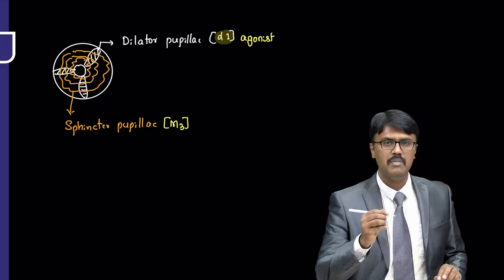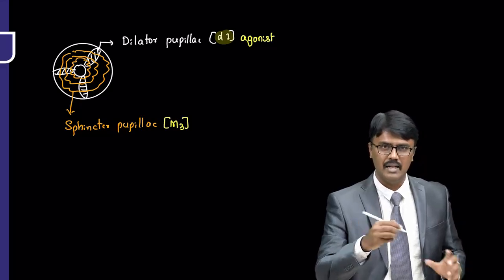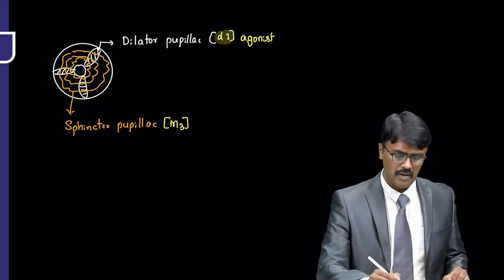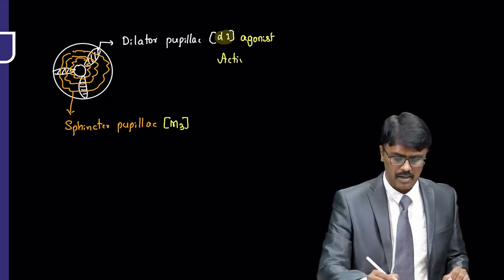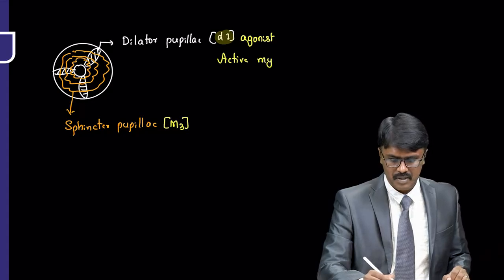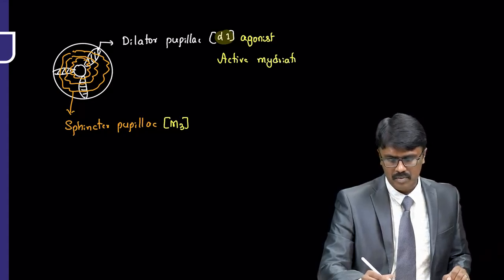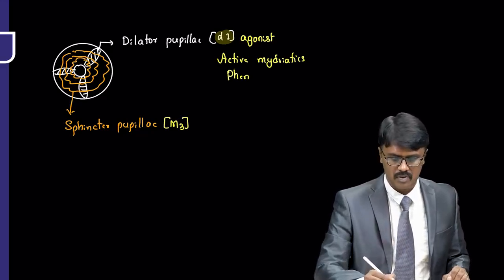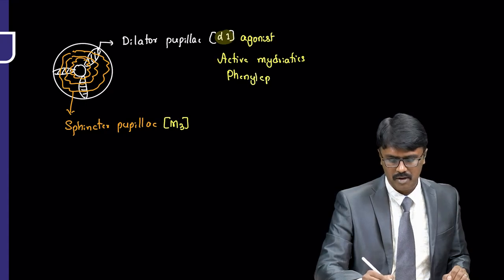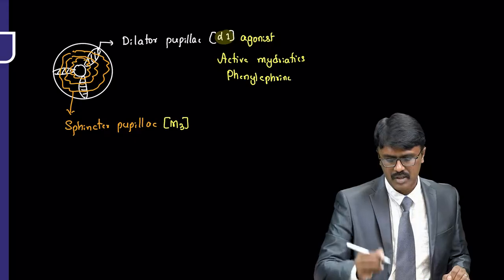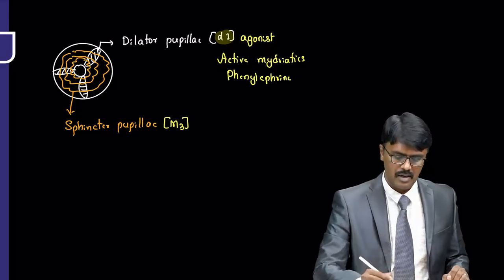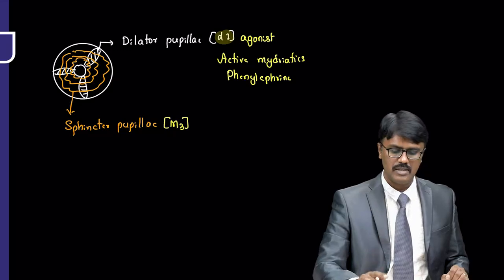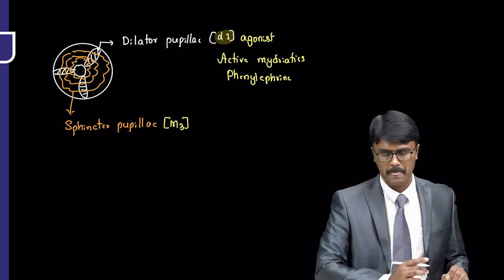The dilator pupillae becomes stronger and dilation of the pupil occurs. These are called active mydriatics, and an example of an alpha 1 agonist is phenylephrine.